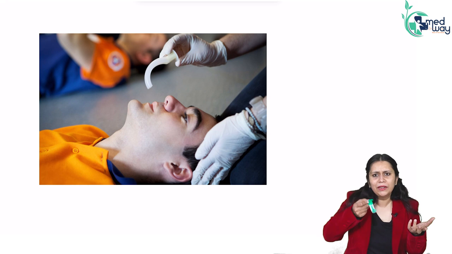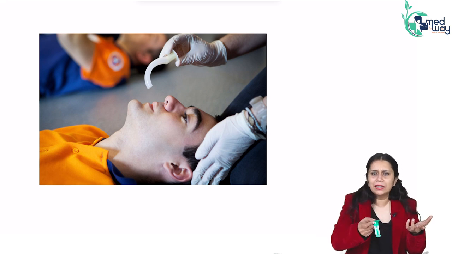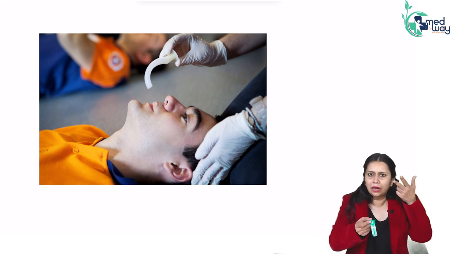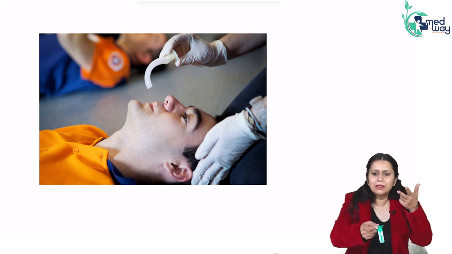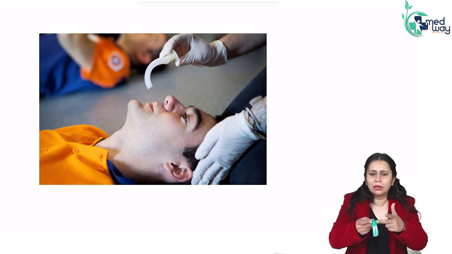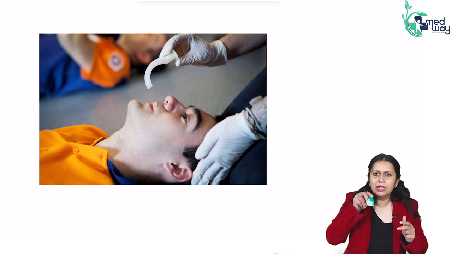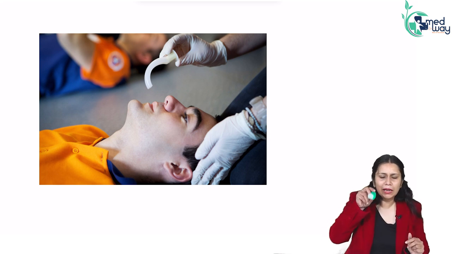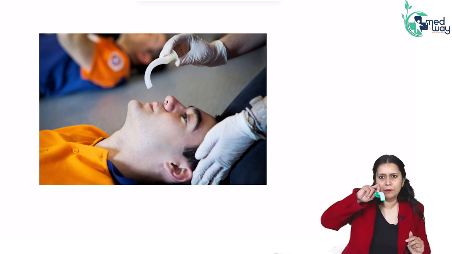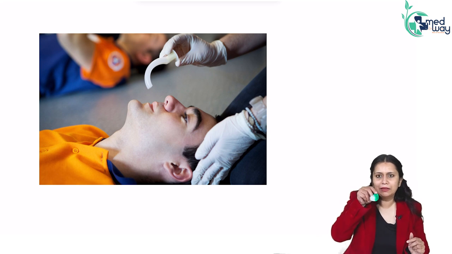The other way is we can insert it in the same way. It is in the oral cavity. We lift the tongue with a Magill forceps, insert it and put the tongue on its curvature. Or we can also insert it in a half rotated form, not upside down, and then rotate it 90 degrees after inserting half. It will also do the job.